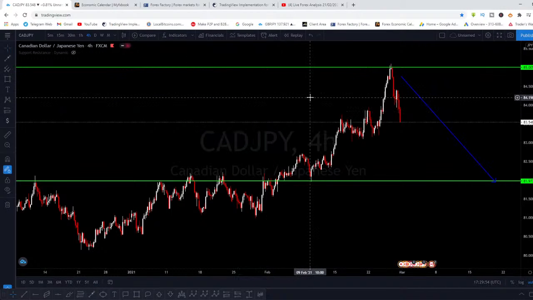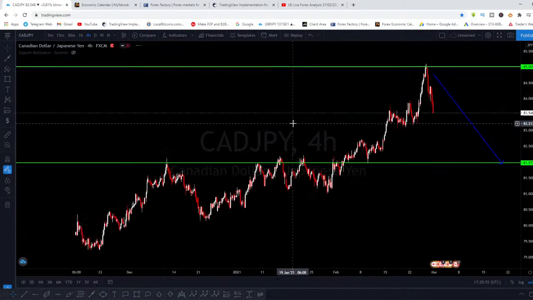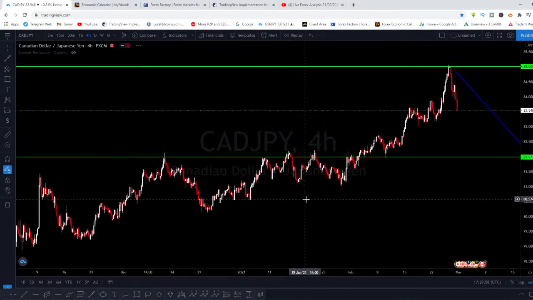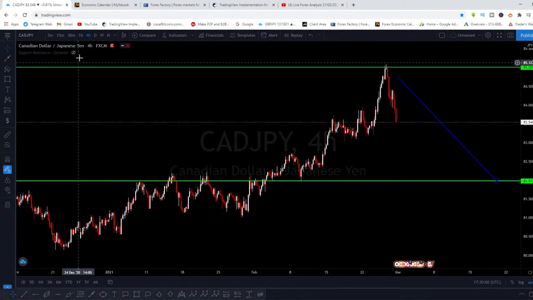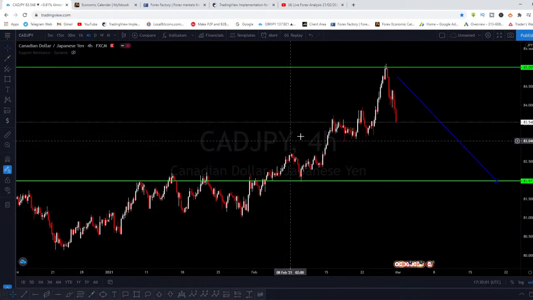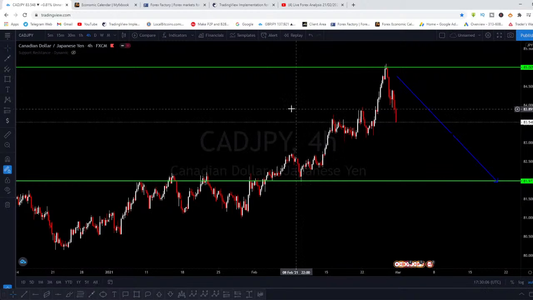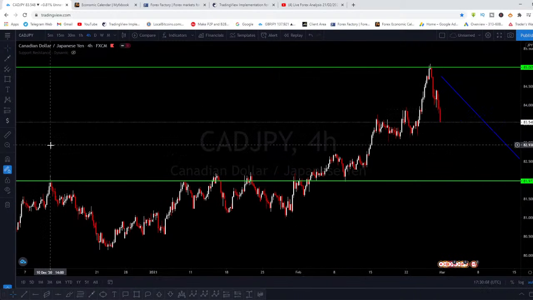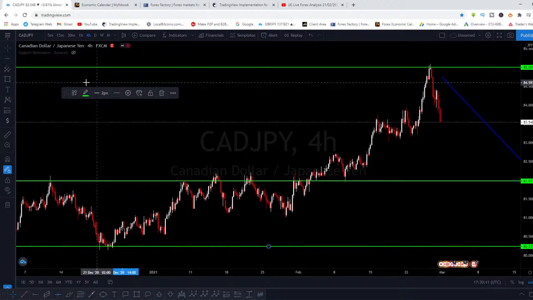You see that I missed this level and this level on this 4-hour time frame, so let's put our support and resistance on this.